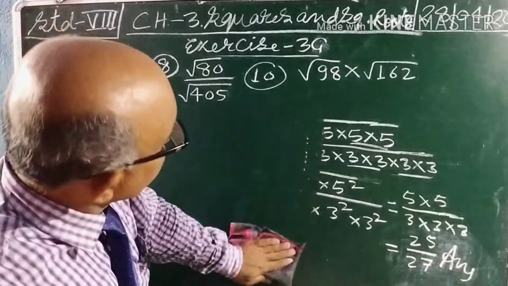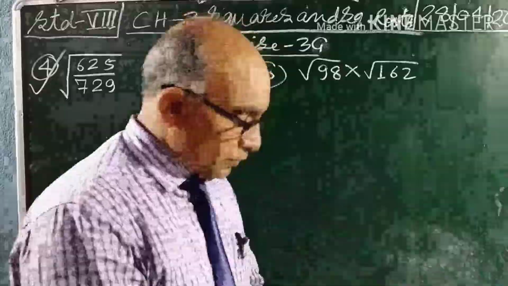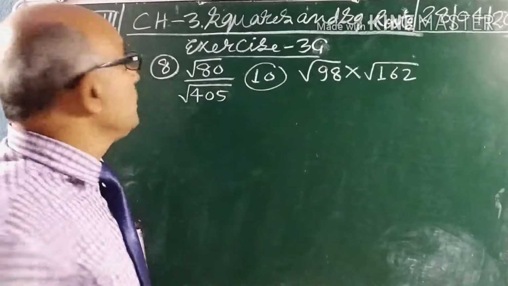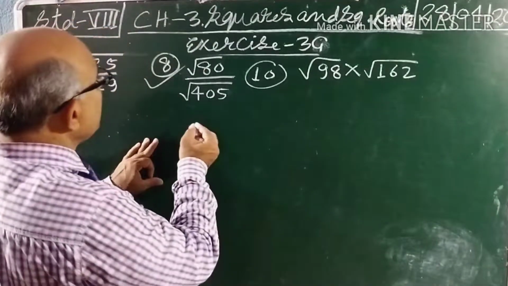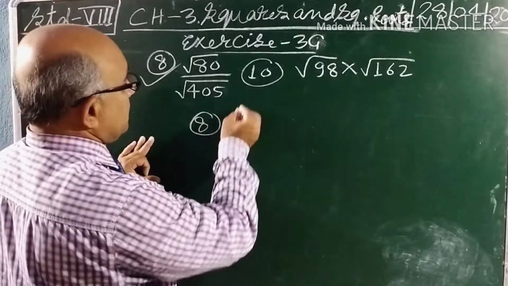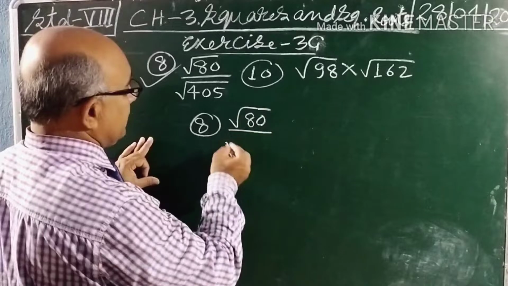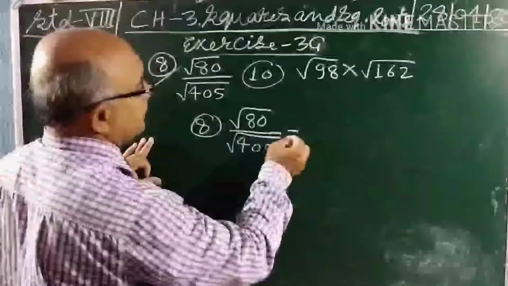Solve it by the prime factorization method. You can also solve it by the long division method. Now question number 8. Question number 8 is under root 80 by under root 405.